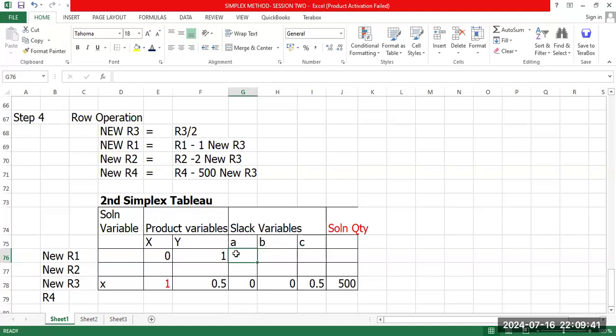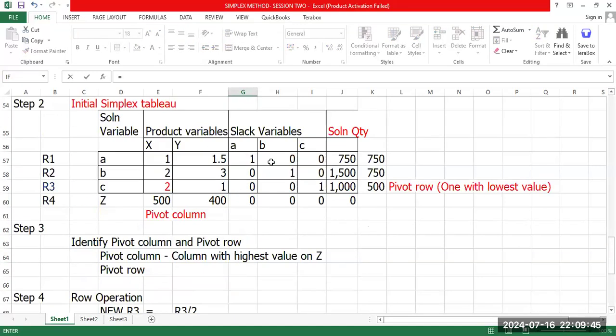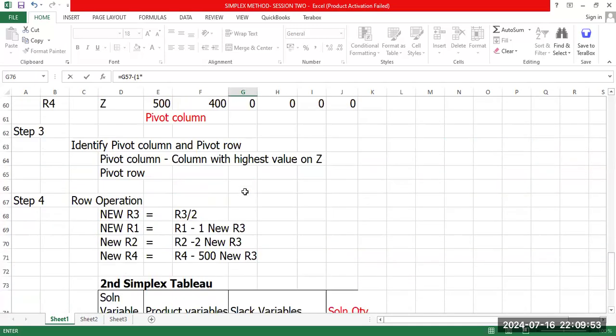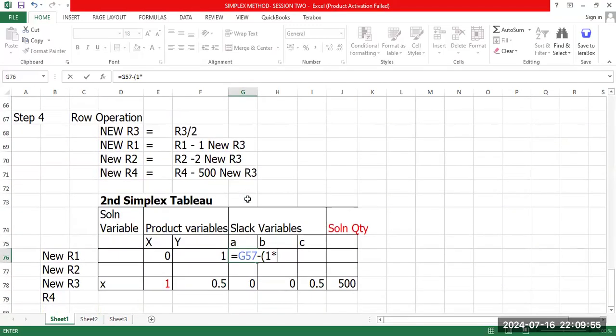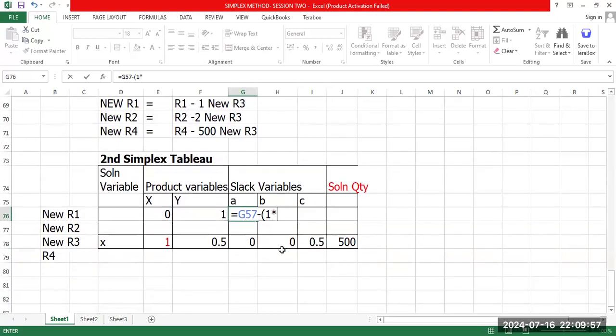Then we proceed. Do the same: 1 minus, open bracket, 1 times. And you may find someone is not getting these values, waiting to ask.